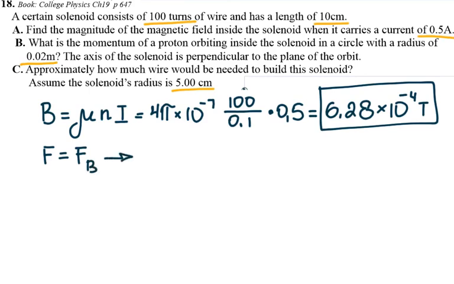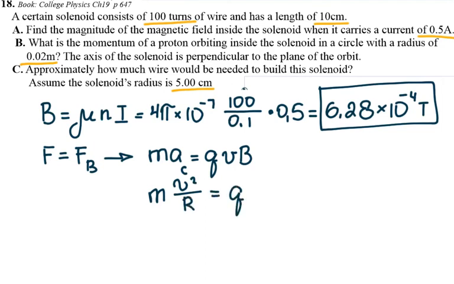So from here I can say that ma is equal to qvB, and it's circular motion, so it's a_c. So I will get mv squared over r, we used this formula before, is equal to qvB, and mv is the momentum.